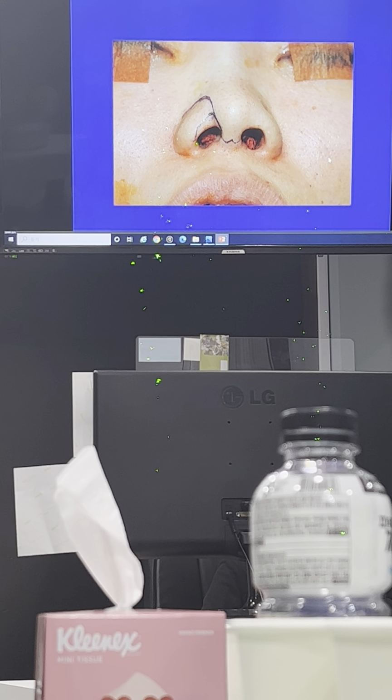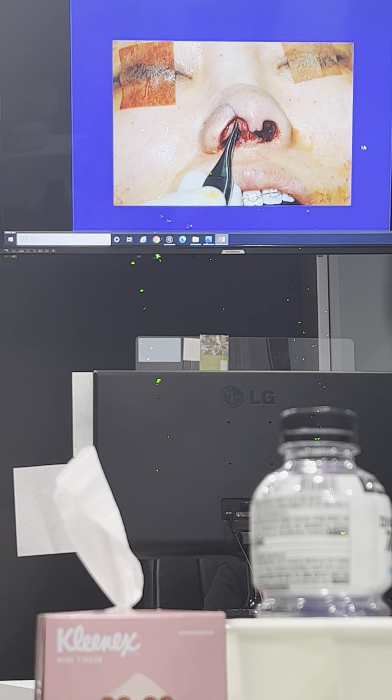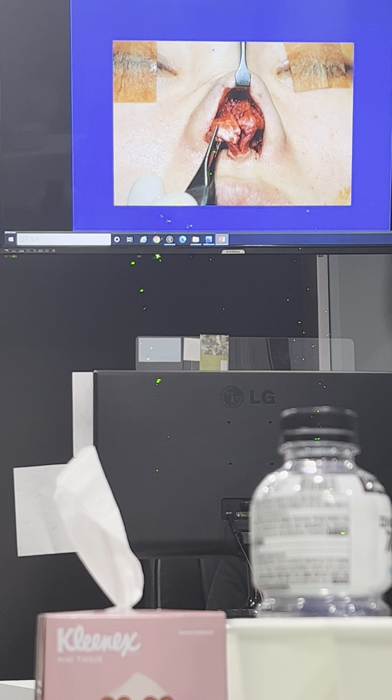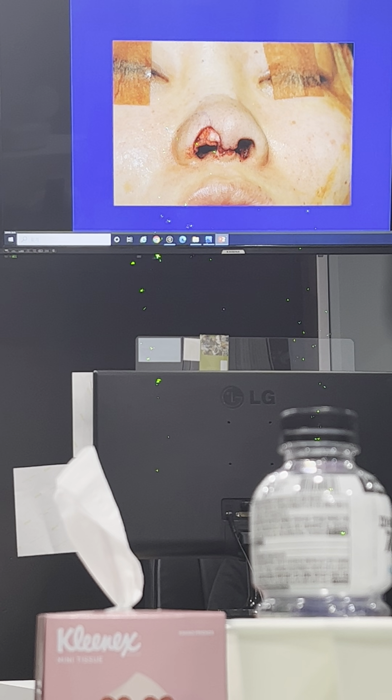We call this a turning flap, outside to inside. I make a flap here, and then I rotate it to the inside like this. After that, we can make the mucosa layer. This is the mucosa. After that, we can apply cartilage here using conchal cartilage and septal cartilage.